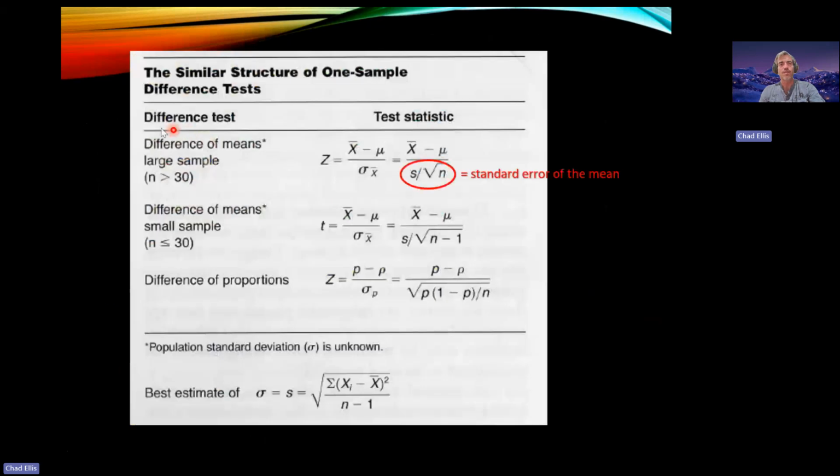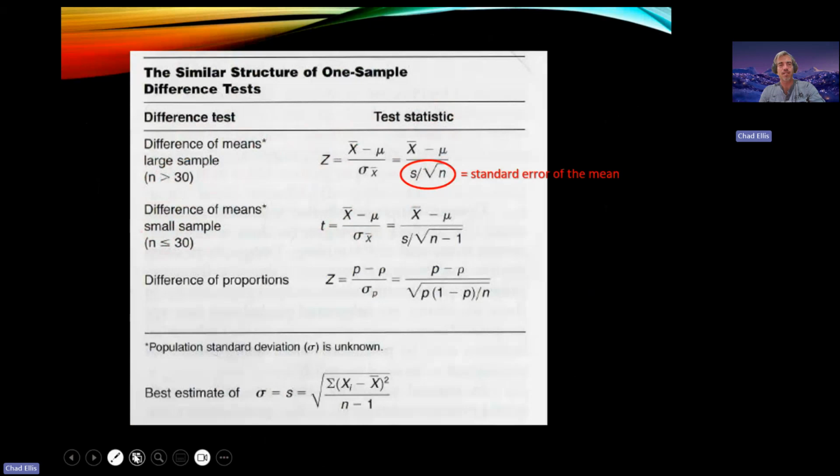The test stat that we're going to use is going to be determined mostly by our sample size. If we have an n greater than 30, the test stat that we're going to go with is the Z-stat, our stat with the normal distribution. If we have a sample size which is 30 or lower, we're going to calculate the t-stat.